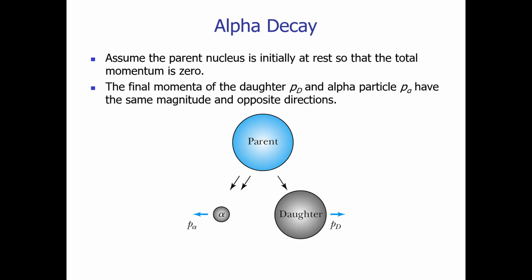The final momentum of the daughter we denote by PD, and that of the alpha particle by PA. PA has the same magnitude and the opposite direction, as you can see here. After the decay, the daughter nucleus and the alpha particle are accelerated in opposite directions with their own momentum.